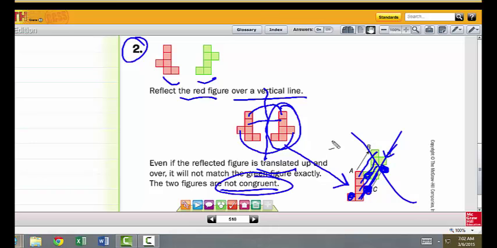So we've shown that they're not congruent. And you should be able to, after you do these for a while, kind of picture this in your mind's eye and realize that this square would flip onto here, and it's just plain not going to work.